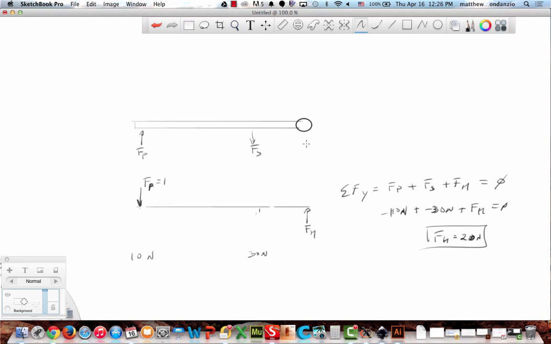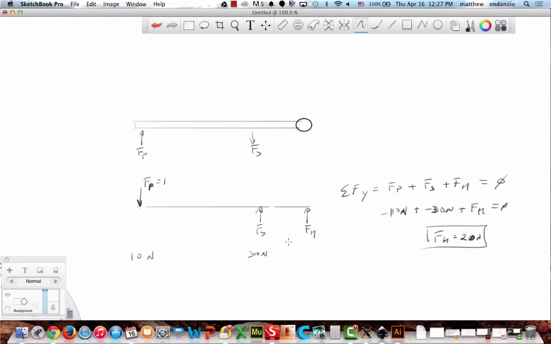I have to change the spring direction, go the other direction for the spring, in order for it to change directions. Any questions on that? That would explain why pushing a door requires more force than just letting it go. Because why? Because you're working against the spring.